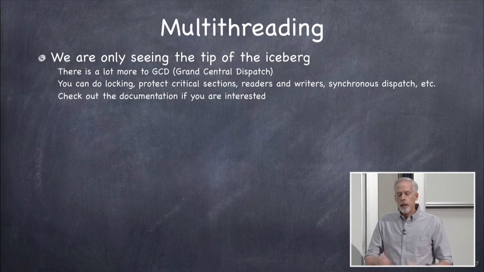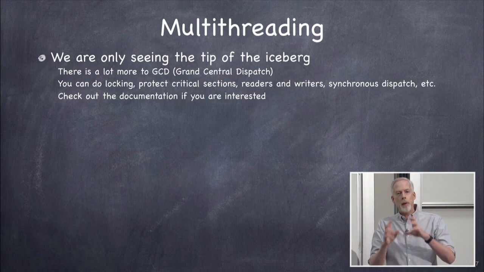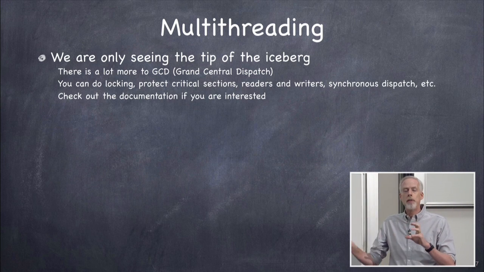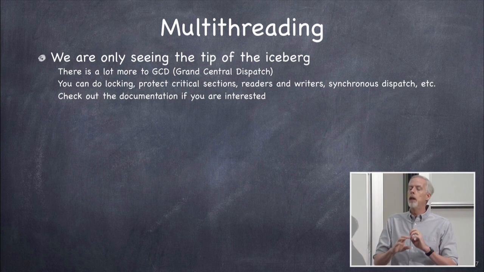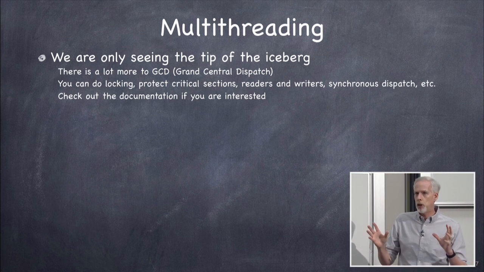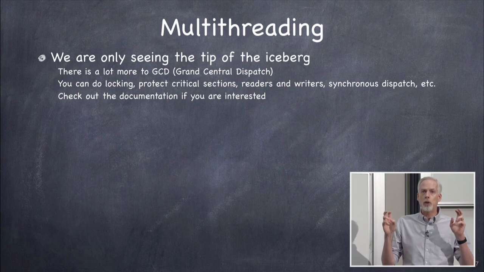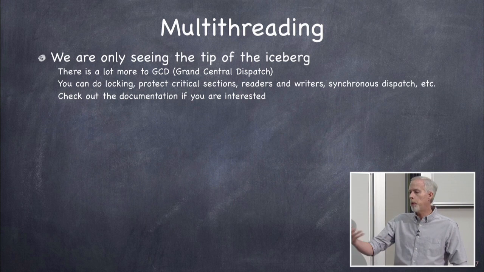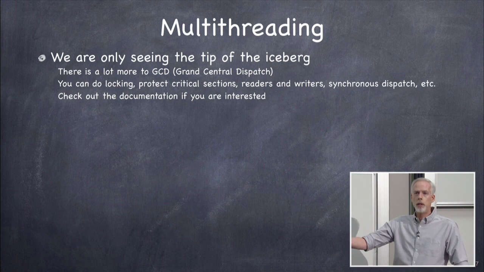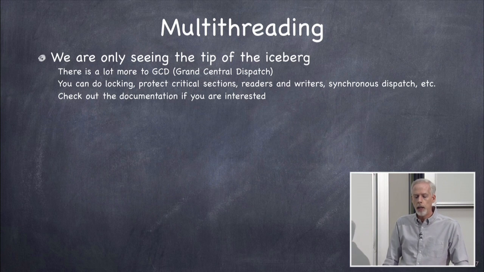All right, I'm only showing you the absolute tip of the iceberg for multithreading. I'm showing you the basic stuff you need to get work off of the main thread, but there is a lot more. You're going to want to familiarize yourself eventually with DispatchQueue and all the things it can do. This is all based on something called Grand Central Dispatch, because when we put a closure onto a queue, we call that dispatching the closure onto that queue.